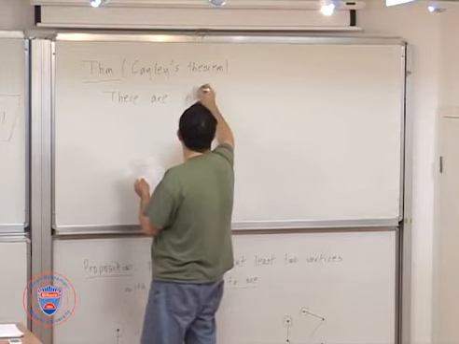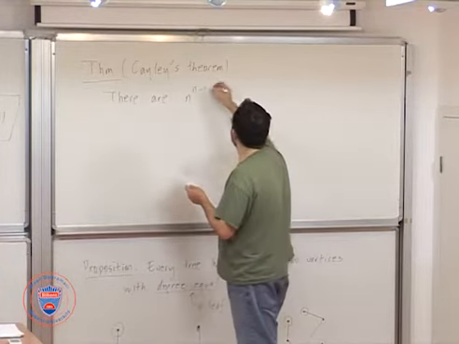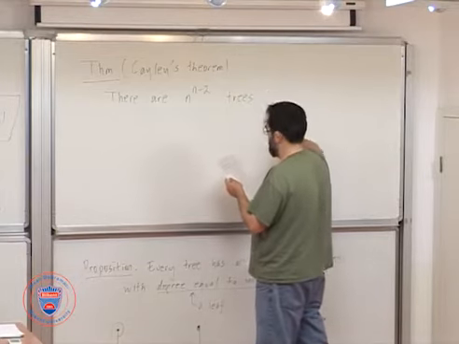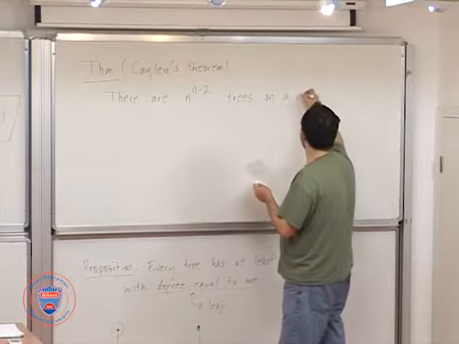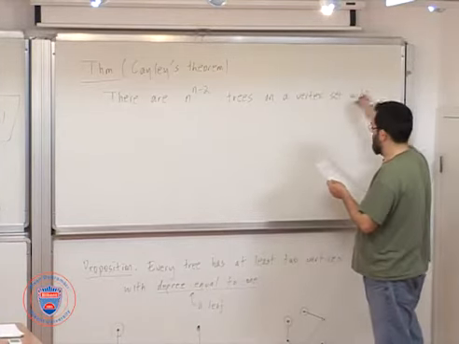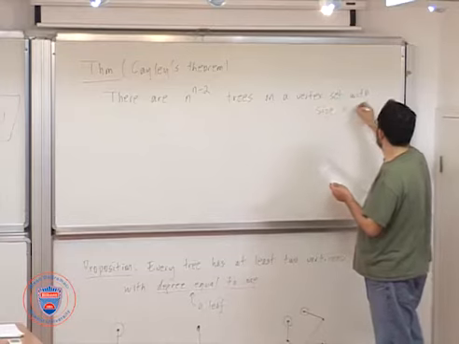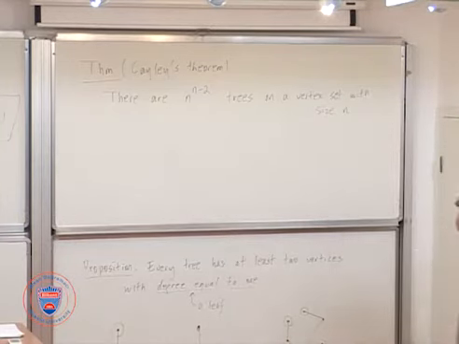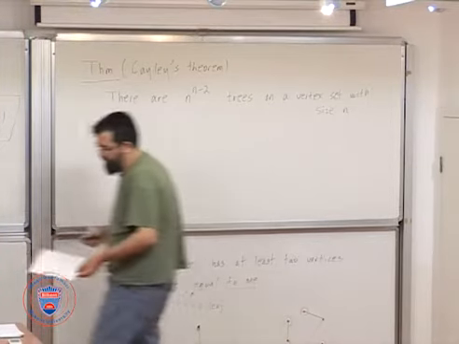There are n^(n-2) different trees on a vertex set of size n. Now this is a counting problem.